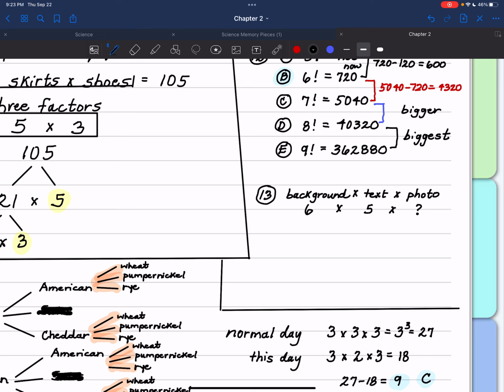A says the number of letters in the name of Maggie's business. Well, letters is not one of my variables. The number of photographs that Maggie can choose, that's one of my variables. The colors available for the background and text, we already know those. We have 6 and 5. So those are variables, but they're known variables.